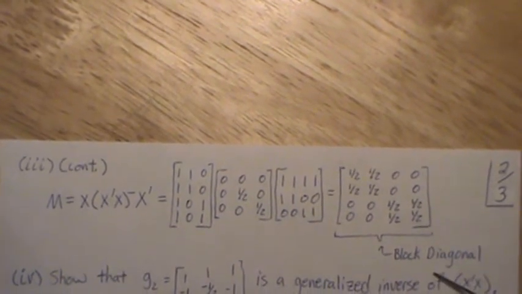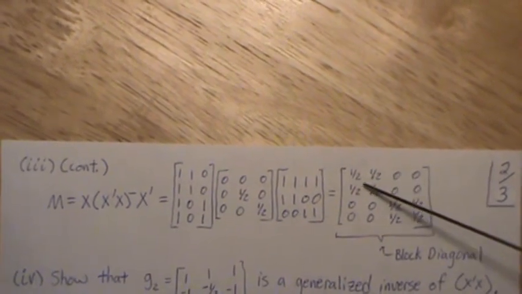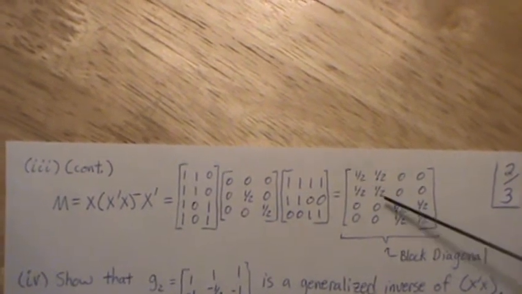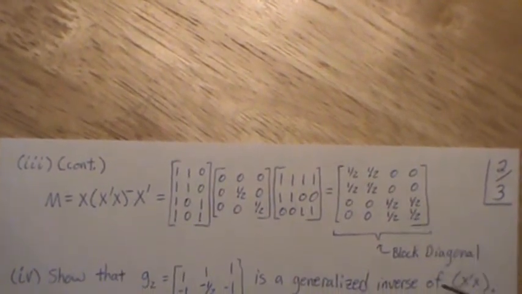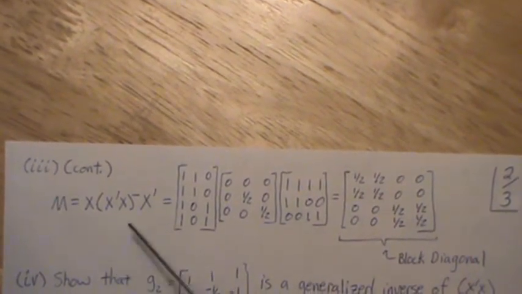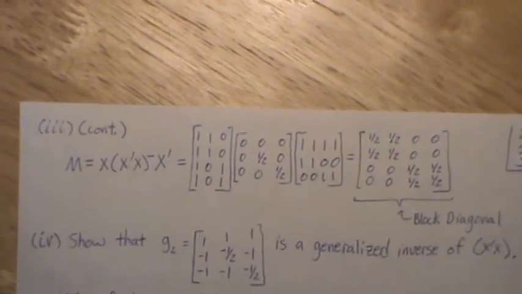But this is called block diagonal. If you think of it as a block, and then the next block down, and down the diagonal is filled, this is what's called a block diagonal matrix. And that is the perpendicular projection matrix onto the column space of X.